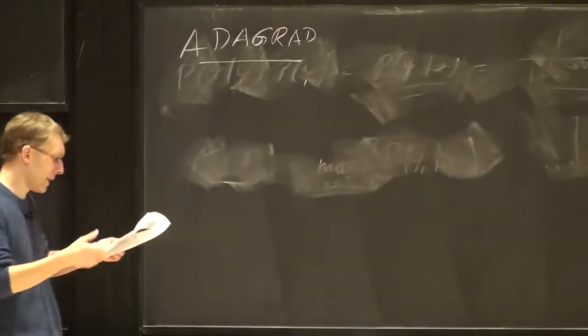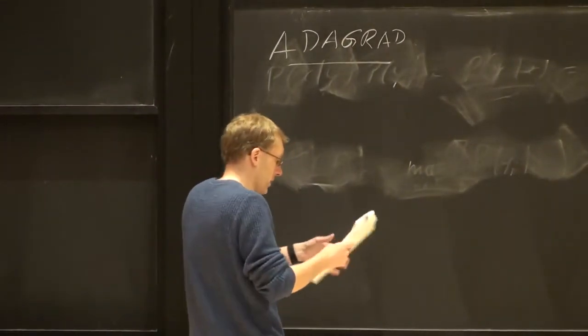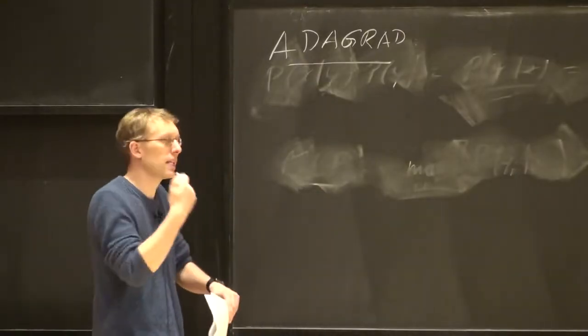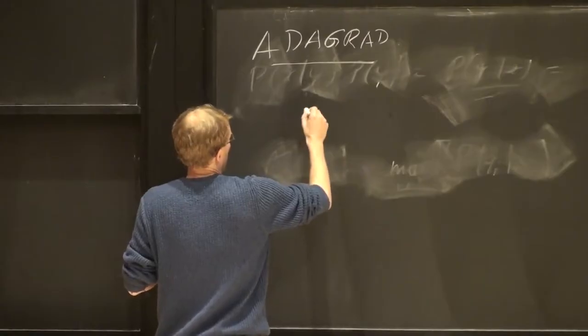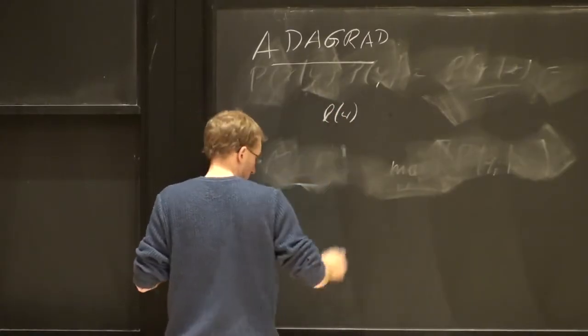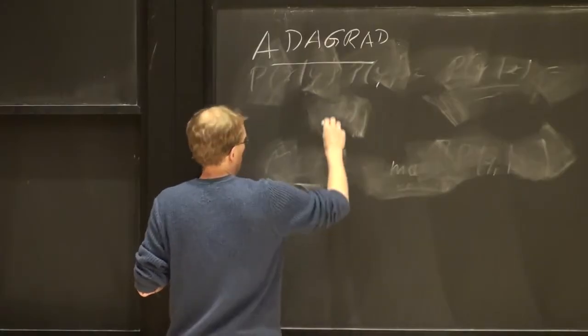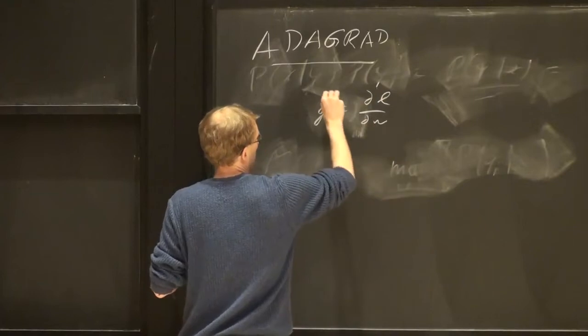It basically says, as we keep optimizing, we have this algorithm: we repeat, we evaluate L of W and the gradient, G equals dL/dW, that's a vector, right?